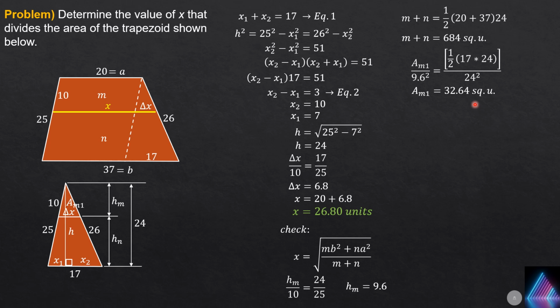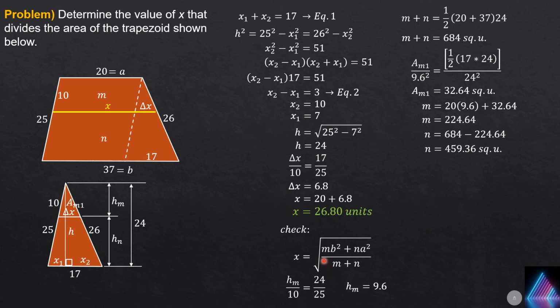Then having found that area, we add 20 times HM, which is 9.6, and we obtain M. 20 times 9.6 plus area M1, 32.64. So M is 224.64. Then we can now compute N. It is equal to 684 minus 224.64, and that is equal to 459.36 square units.